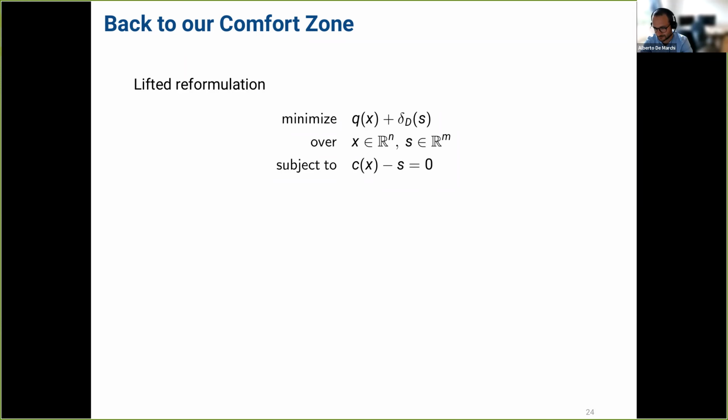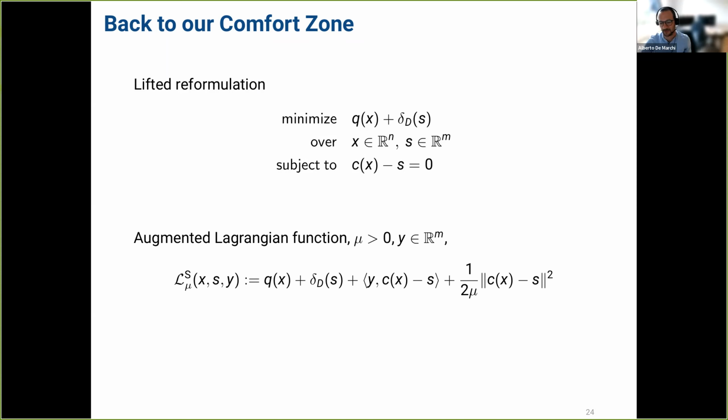So we just introduce this equality constraint c(x) minus s equals 0, and then we add the indicator of the set D to enforce that s must be in the set D. Simple. And this is again a constraint structure program itself. Okay, but it's easier to apply the augmented Lagrangian machinery.